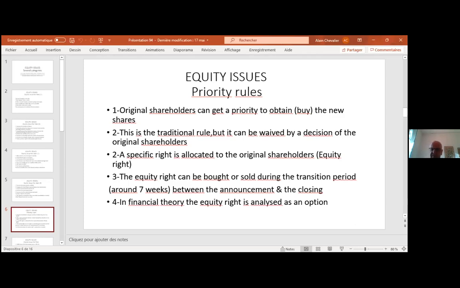And according to the accounting rules, at least, the total value of the new share plus the equity right is equal to the value of the original shares, just a split between two elements.